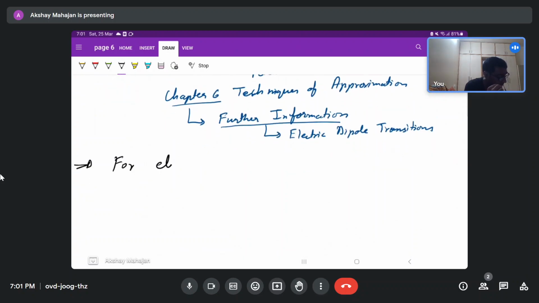Please find it, so that it will help you better understand where this formula comes from.